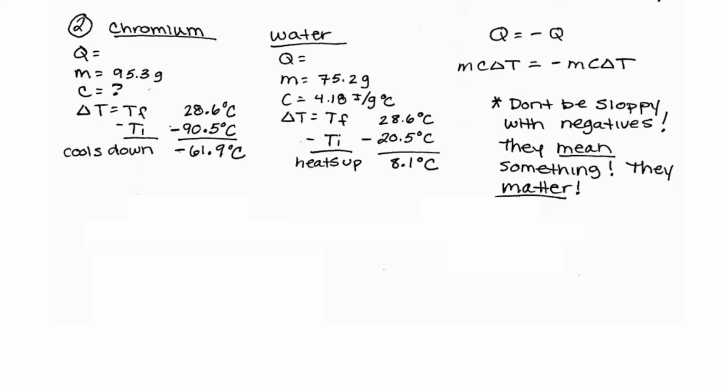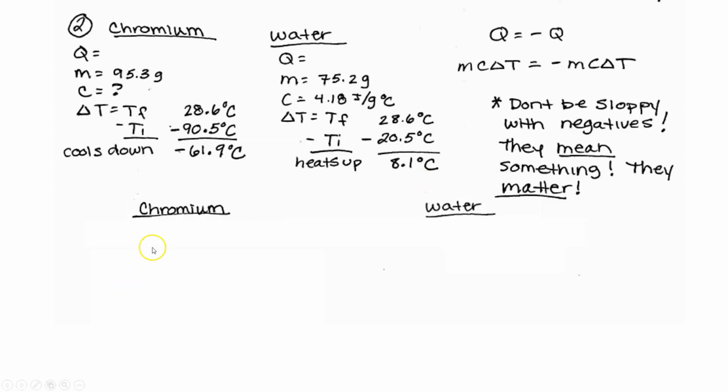Please be careful with your negatives. I think that's probably one of the biggest mistakes, and we will sometimes ask you a conceptual question at the end, and if you get your plus and minus wrong, you're going to get that part wrong too, because those plus and minuses really mean something to the story of the problem. It's really telling you the direction, right? Really important.